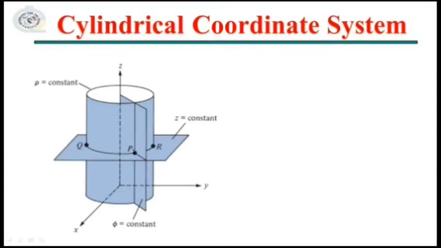Now, having understood this, it's time for us to move on to define the unit vectors. Remember, I have explained to you yesterday that the unit vector is a vector which is always moving outside the object, and it is normal to the surface of the object, normal to the tangent drawn to the surface of the object. Okay, so if we go by that definition, let us first consider the r constant plane.